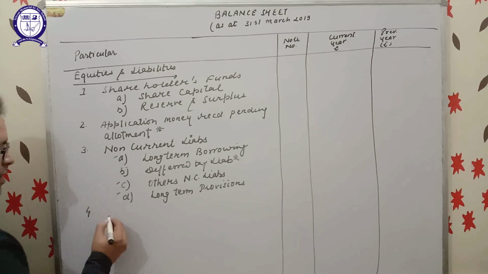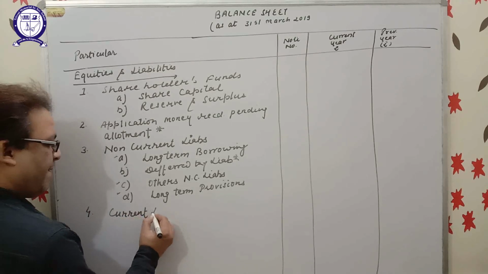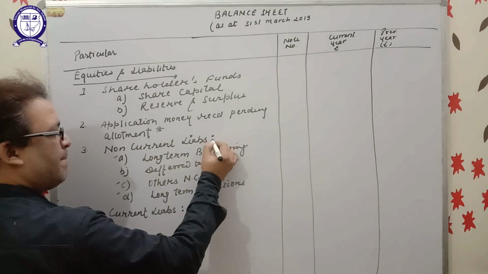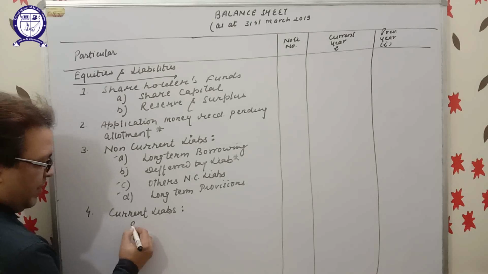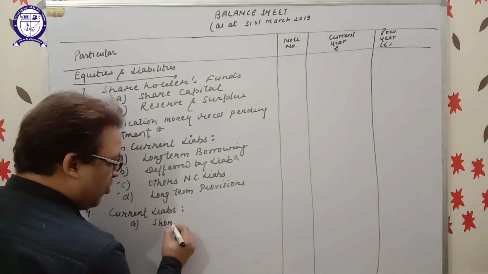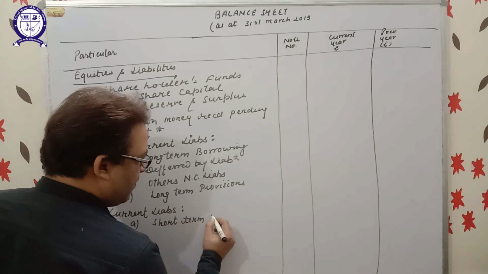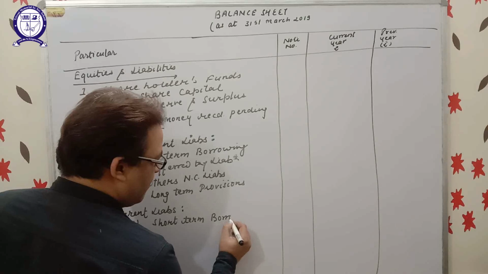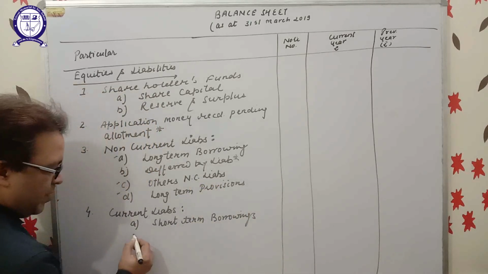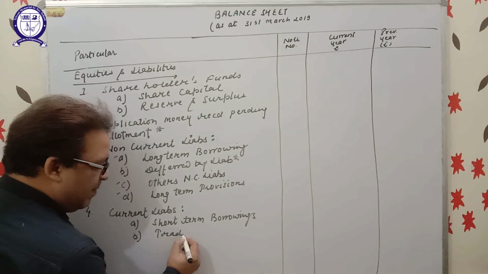Next heading, current liabilities. Number 1, short-term borrowings. Number 2, trade payables.